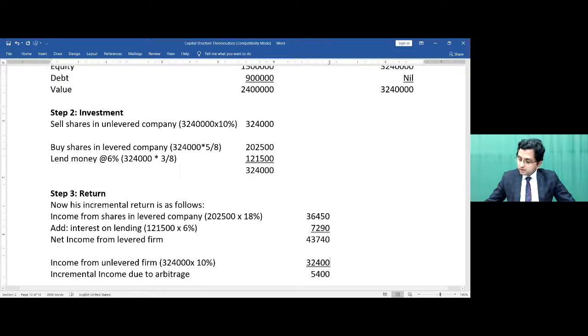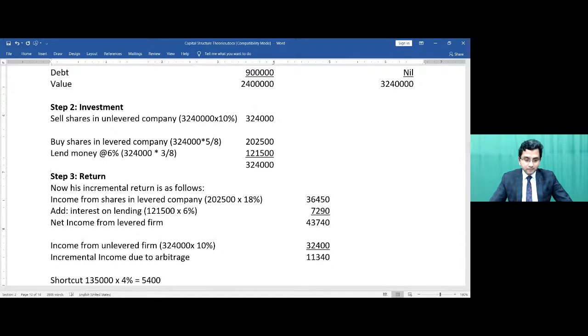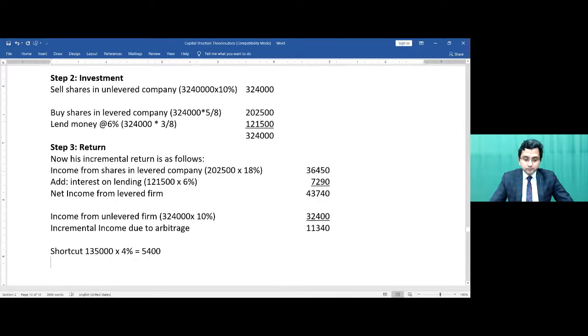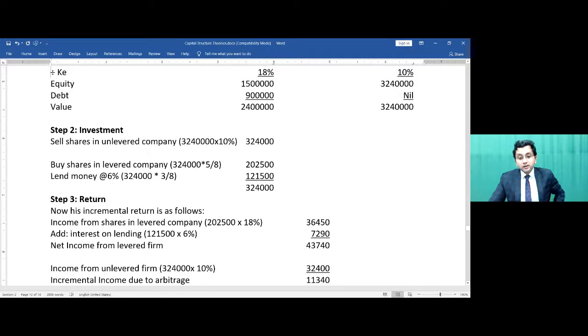Earlier I was earning 32,400. Now I'm earning 43,740. So my excess earning is 11,340. I hope that makes sense for you and it's clear to you how to solve in case of reverse arbitrage.